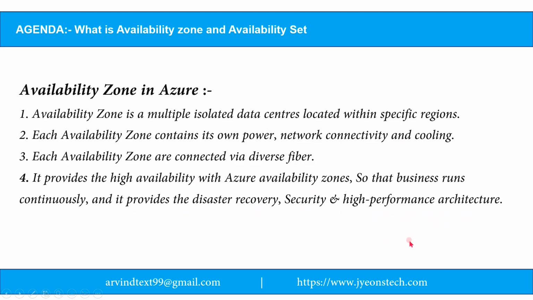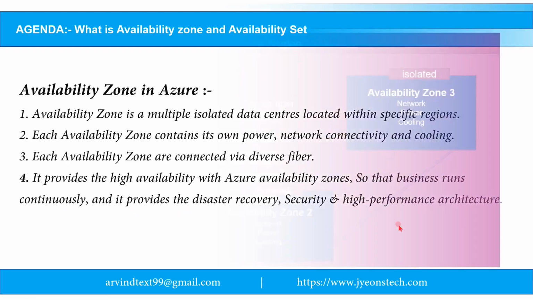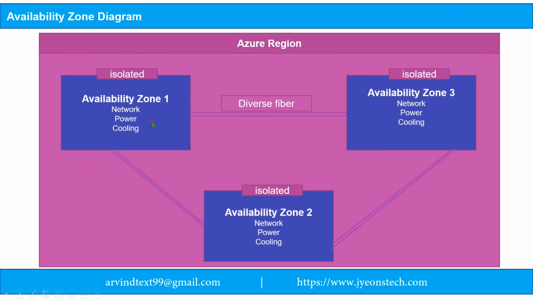Don't worry, I will explain with the help of a diagram. You can see this is a diagram I have created for you. In Azure there are multiple regions, for example US Central region and US West region.